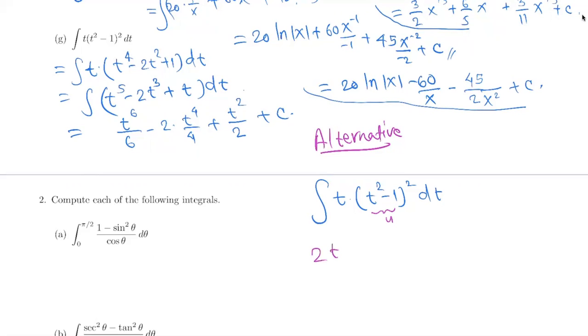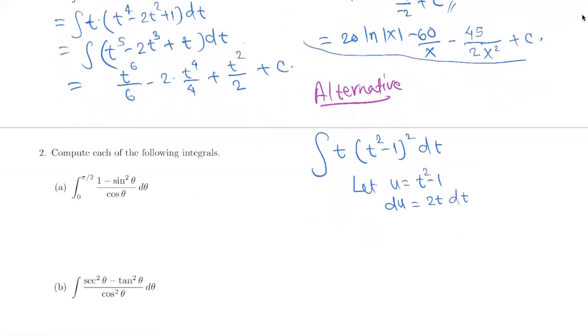So let's do it. U sub. So let u be t squared minus 1. Then du over dt is 2t. I'm going to write dt on the other side. That gives dt equals du over 2t. Now this integral is then t times t squared minus 1, which is u, squared.